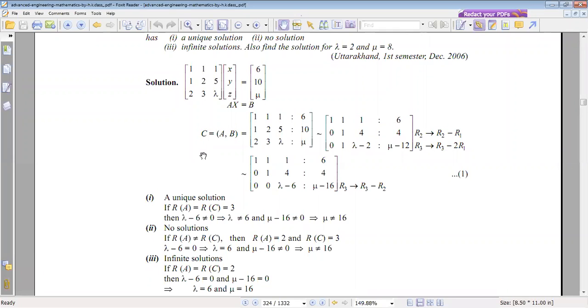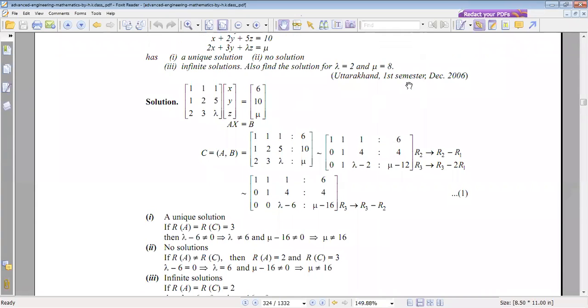How many unknowns are there here? 3 unknowns, which are x, y, and z. If both the rank of A and the rank of the augmented matrix are equal to 2, it is less than 3, so it has an infinite number of solutions.